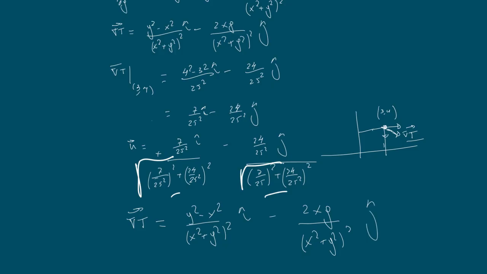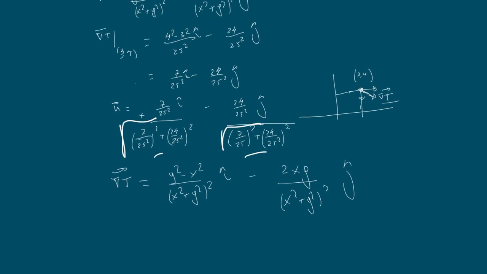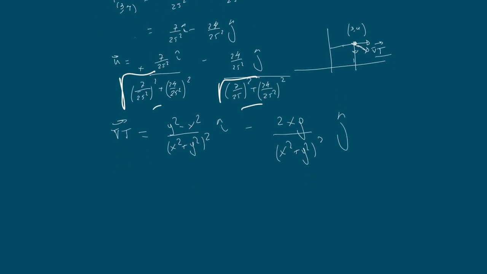And the problem is like this. If the insect is going to do a step in the direction of the gradient, what will be the trajectory that it will do if it starts at the point (3, 4)? Well, this is the problem. How can we solve it?